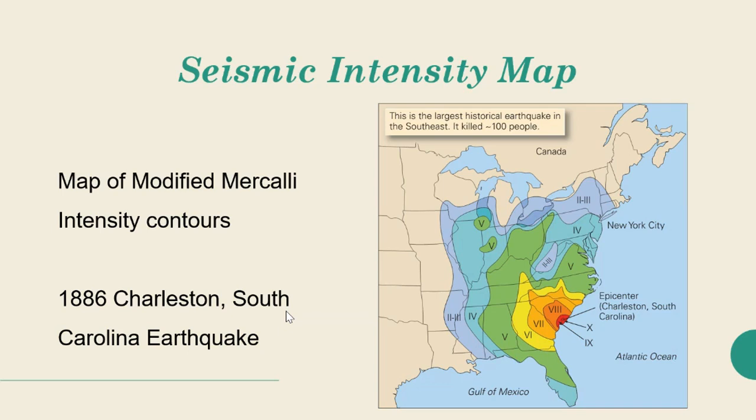This earthquake could be felt all the way through the south and east portion of the country, all the way through Ohio and parts of Indiana. And then it started getting lighter after that. But even Chicago could feel this earthquake. So this is the power in creating a seismic intensity map and looking at seismic intensity or the Mercalli scale rating.